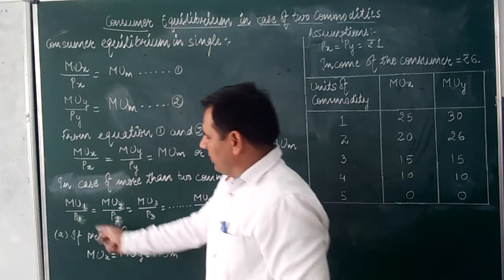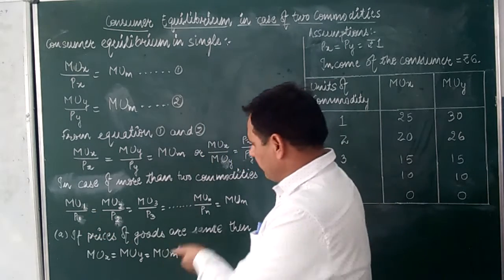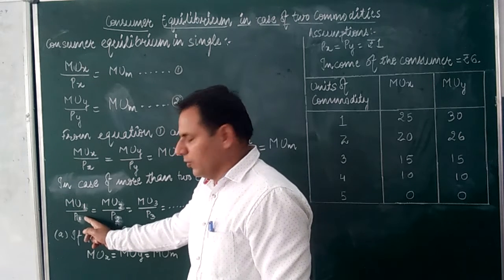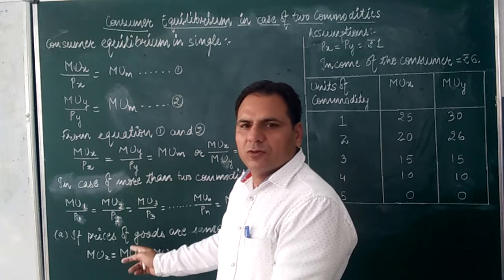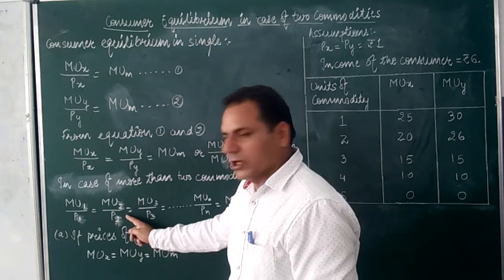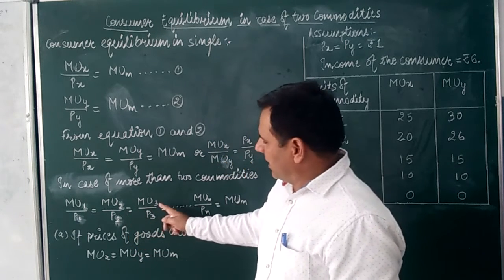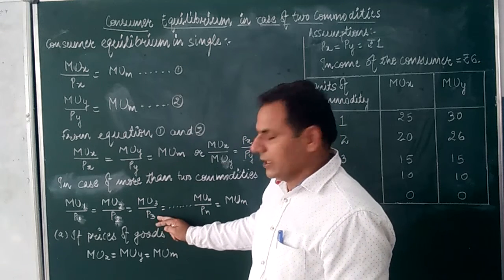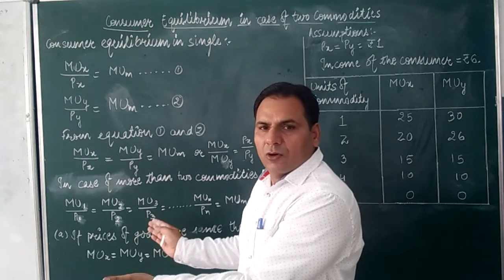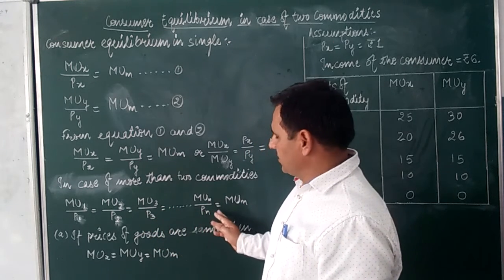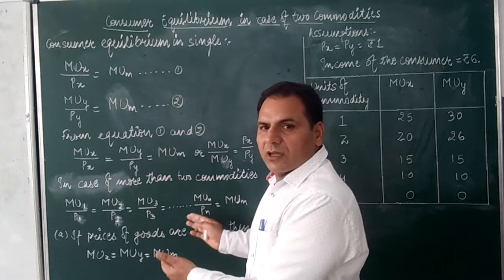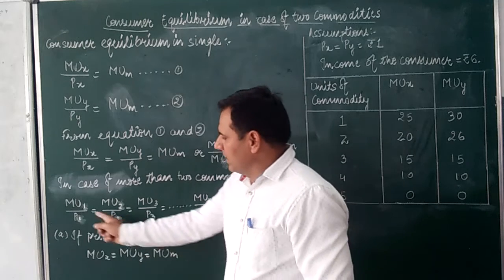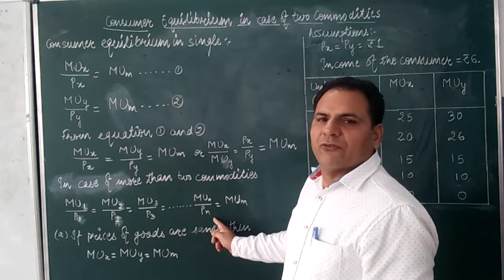For example, if we take three commodities, then marginal utility of commodity 1 upon price of 1 should be equal to marginal utility of commodity 2 upon price of 2, and marginal utility of the third commodity upon price of the third. These all three should be equal to marginal utility of money. If we are using five commodities, it means the equation will be extended to the fifth unit.